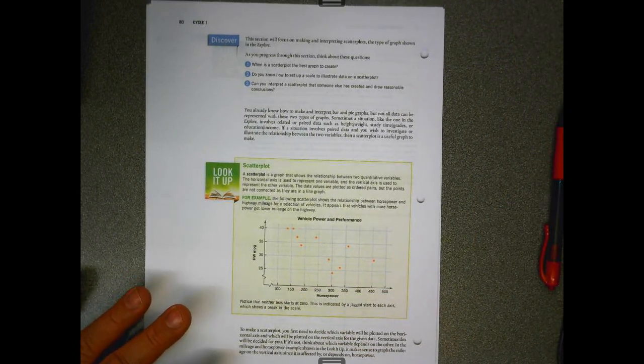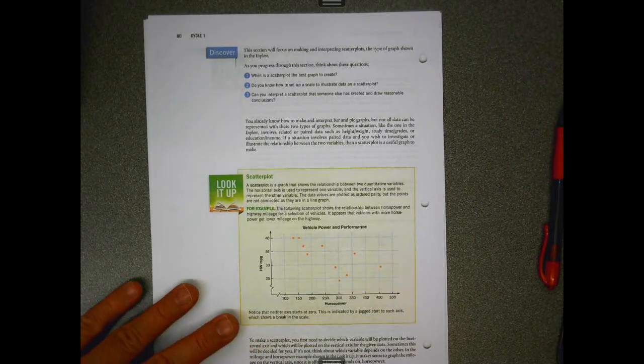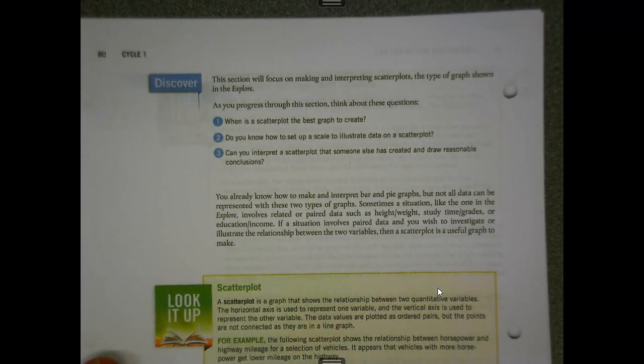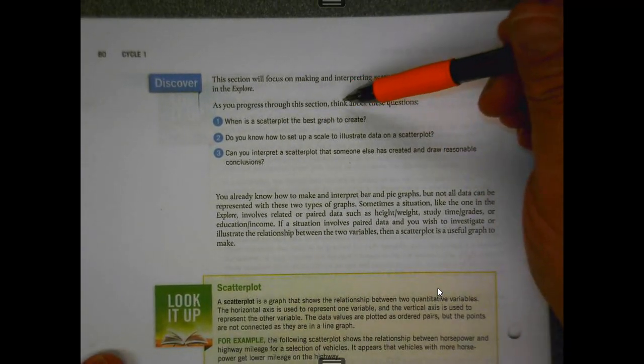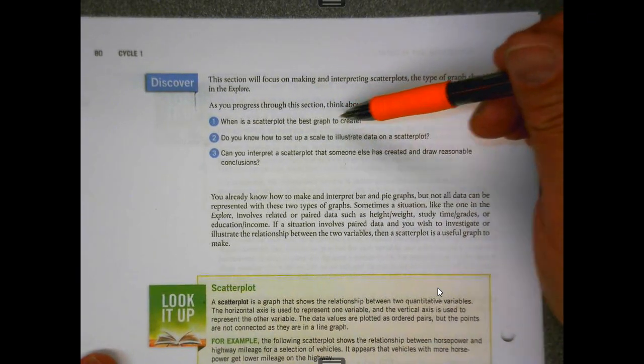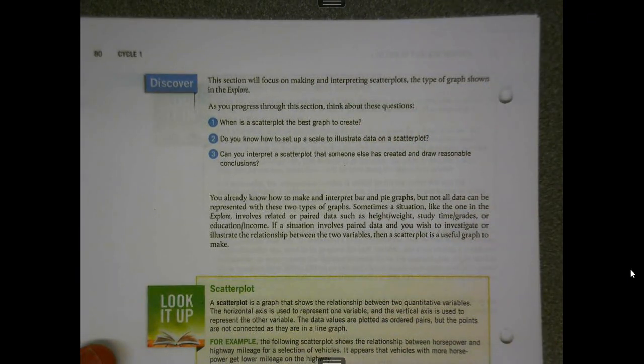Okay. As you progress through the section, think about these questions. When is a scatter plot the best graph to create? Do you know how to set up and scale to illustrate data on a scatter plot? And can you interpret scatter plots that someone else has created and draw reasonable conclusions?